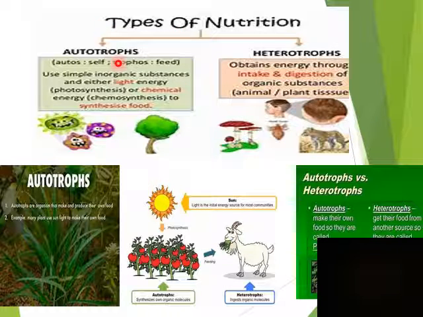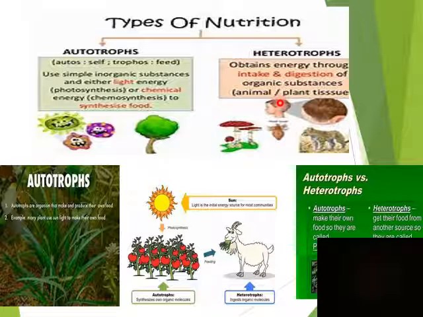say that this plant, its mode of nutrition is autotrophic, self-feeder, where it's able to produce its own food by photosynthesis, by using inorganic substances and light energy. While the heterotrophs are the ones that obtain energy through the intake and the digestion of the organic substances.